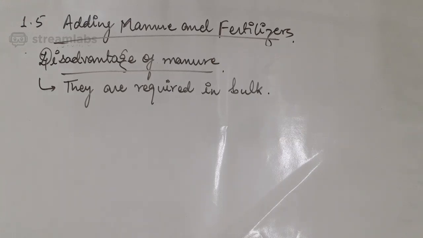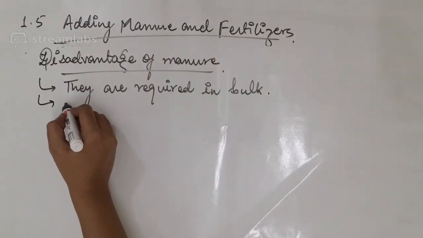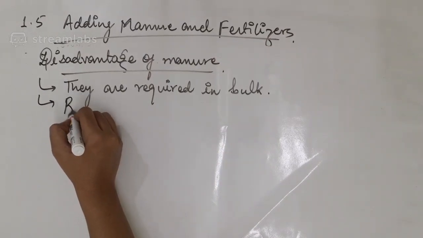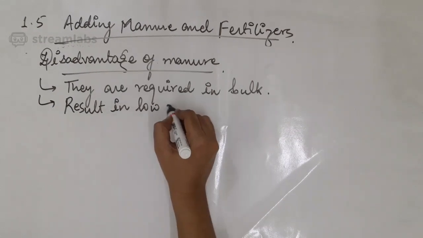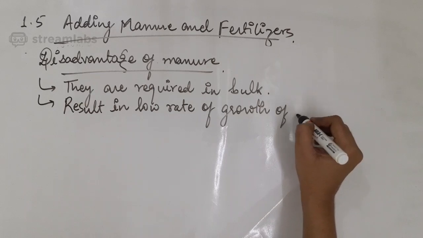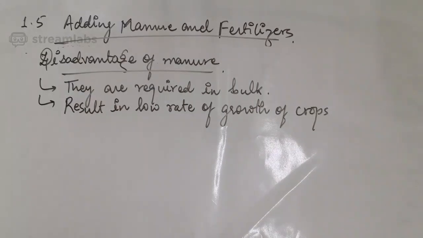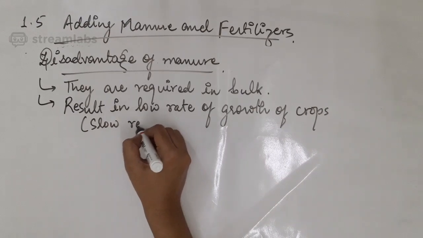As they are having low content of nutrients, they need to be added in much quantity. They result in low rate of growth of plants or crops. Low rate means slow result.